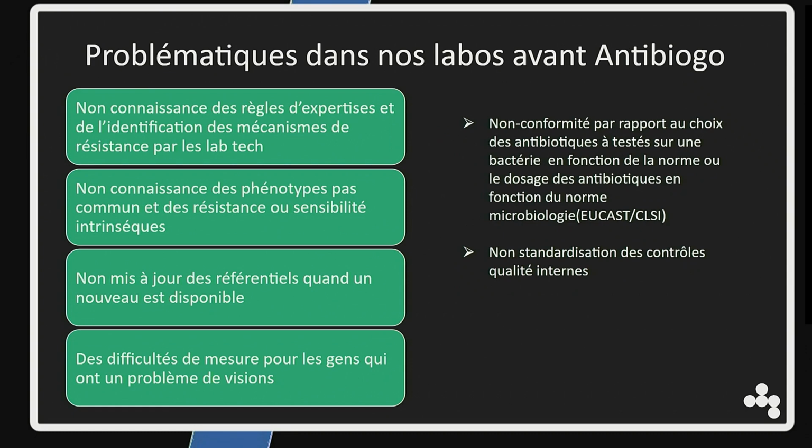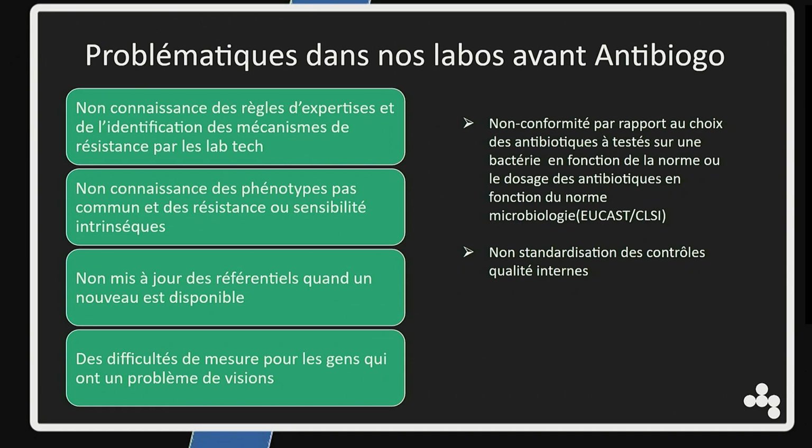And we saw there were many non-conformity cases when we look at the list of antibiotics for gram-positive or gram-negative. Here, an example with gram-negative, the group of enterobacteria. We see a difference with the natural resistance of these bacteria. So there was a problem with the choice of antibiotics, non-conformity.